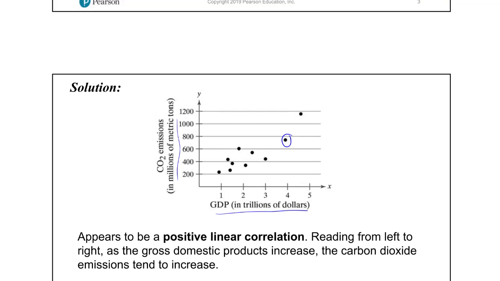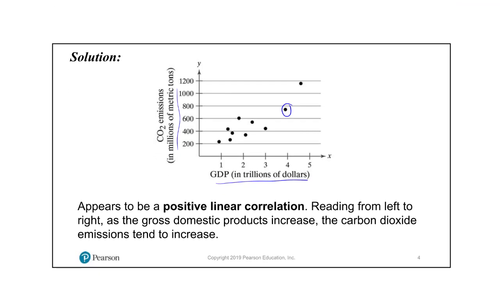But what we're really trying to do is look at the whole thing all together and determine if there's some structure. It does appear that there's some evidence that as X increases, Y increases. So it looks like we have some sort of positive linear correlation. We could say the graph suggests that as the gross domestic product increases, the carbon dioxide emissions tend to increase as well.